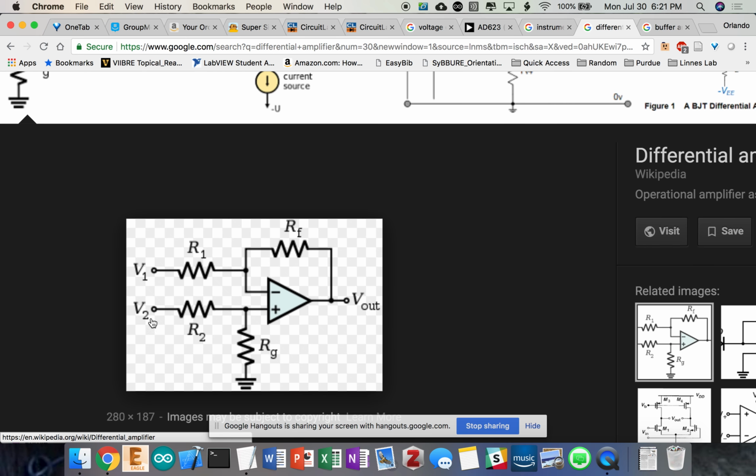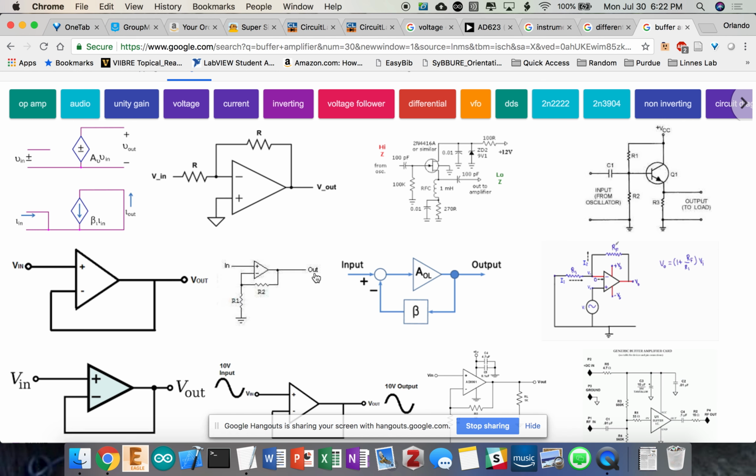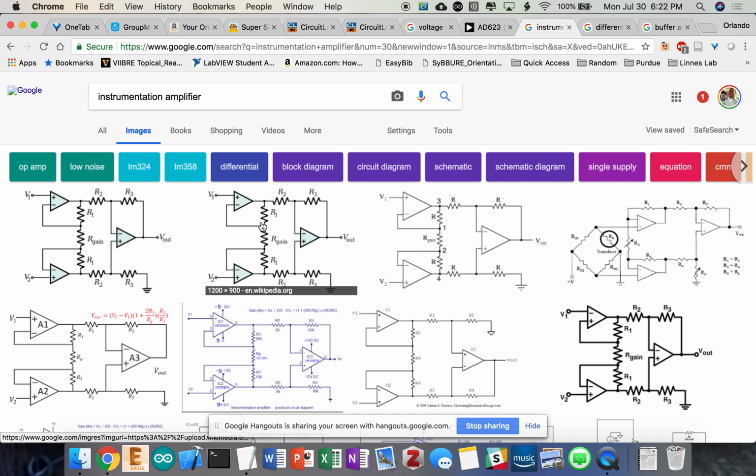So this is basically saying V2 minus V1 times some gain. To get an instrumentation amplifier, we essentially combine a differential amplifier with a buffer amplifier to make my favorite amplifier, this guy.